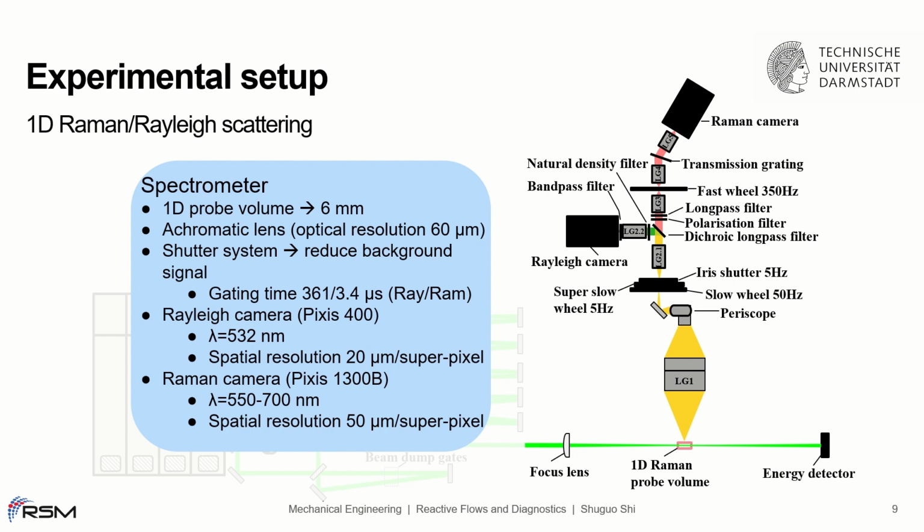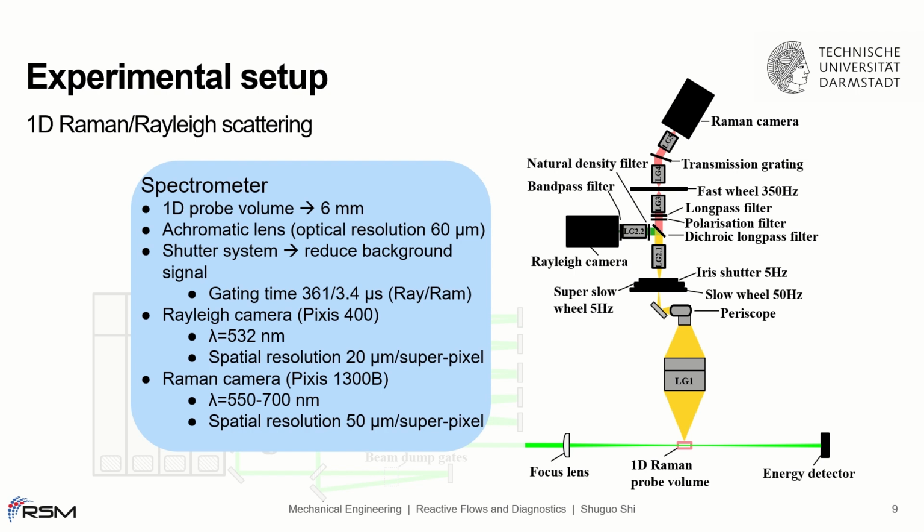The spectrometer is shown on the right side. The signal within the 6 mm probe volume was collected into the spectrometer through an achromatic lens, and its optical resolution is about 60 micrometers. A rotating shutter system was used to reduce the background signal, resulting in gating times of 361 and 3.4 microseconds for the Rayleigh and the Raman camera, respectively.